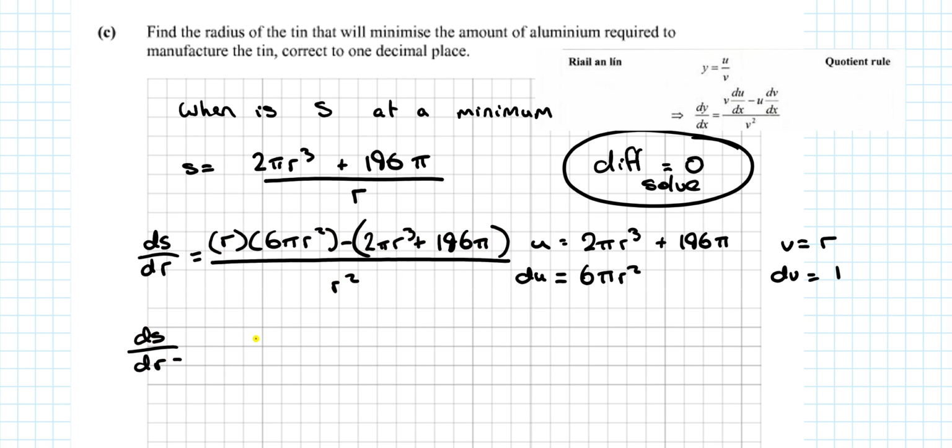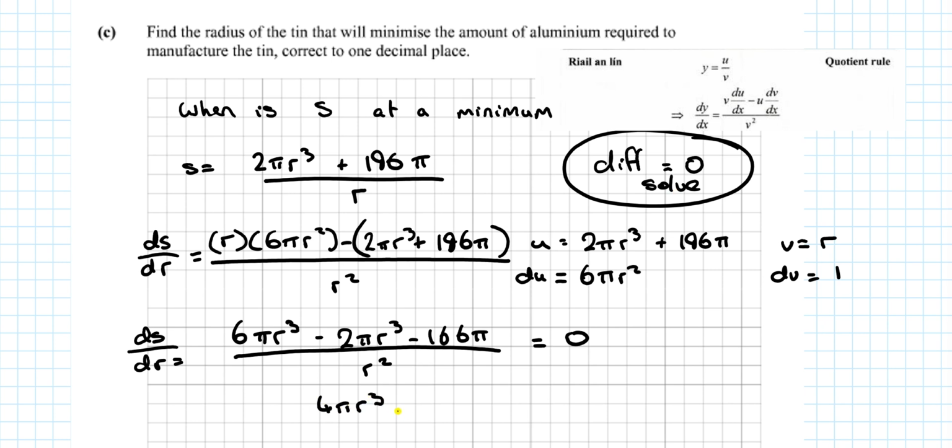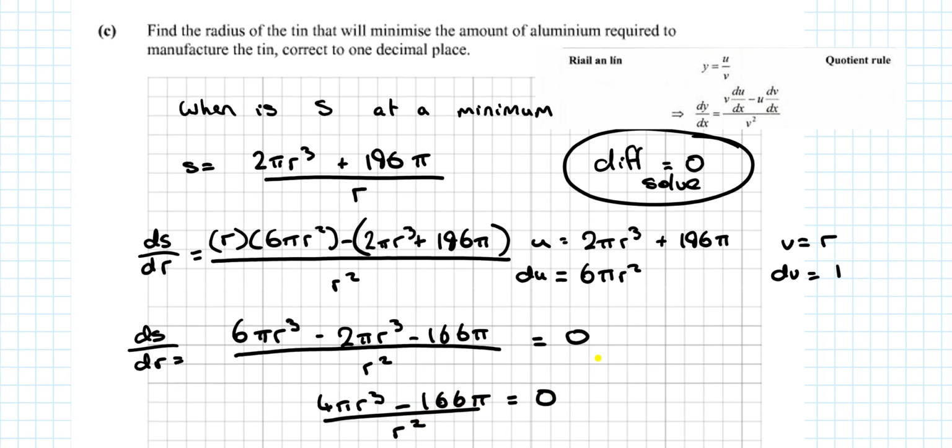ds/dr is equal to 6 pi r cubed minus 2 pi r cubed minus 196 pi, over r squared, is equal to 0, because I want to find the radius when the surface area is at a minimum. 4 pi r cubed minus 196 pi is equal to 0 all over r squared.